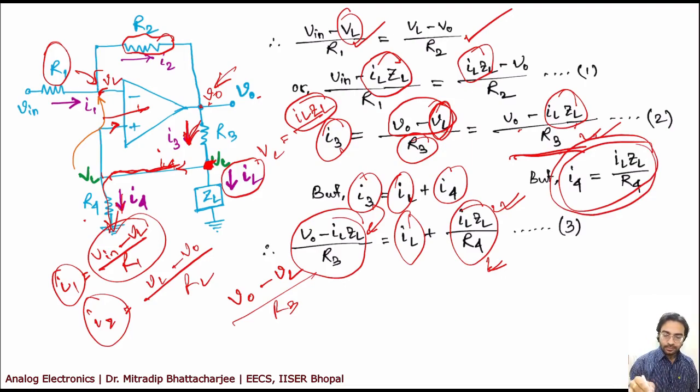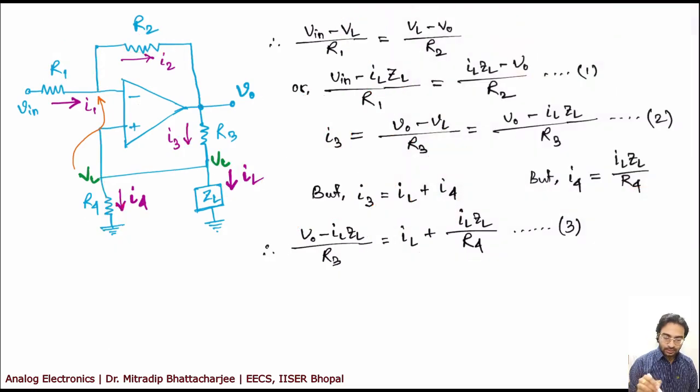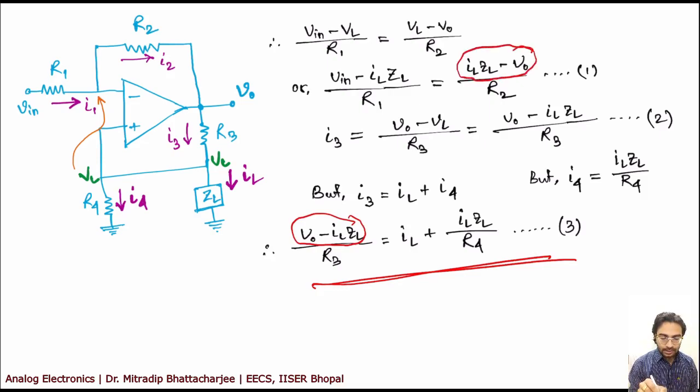So if you do this, you'll find equation 3. Now if you replace this value, here also you have IL ZL minus V0, which is equal to minus V0 minus IL ZL, right? Just take the minus common, so it will be V0 minus IL ZL.